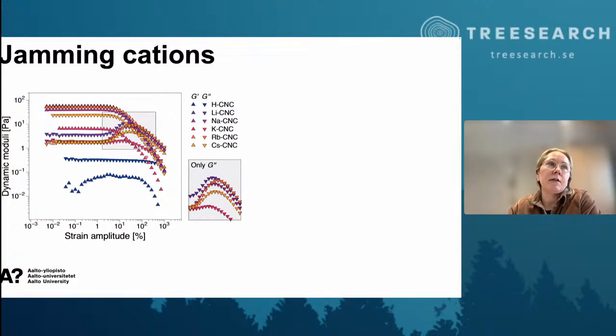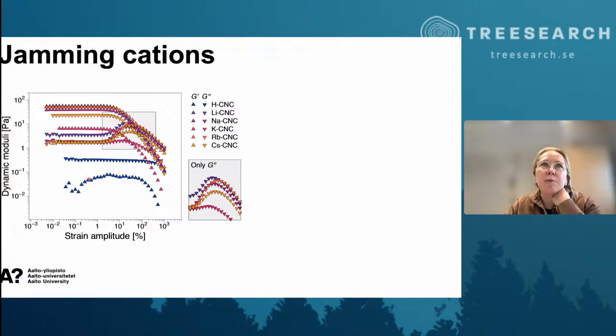Here you can see the dynamic moduli with respect to strain amplitude, which tells a story of either liquid-like or gel-like behavior of these suspensions or dispersions of the modified celluloses. Here you can see just the protonated, so the non-modified version of the cellulose material.